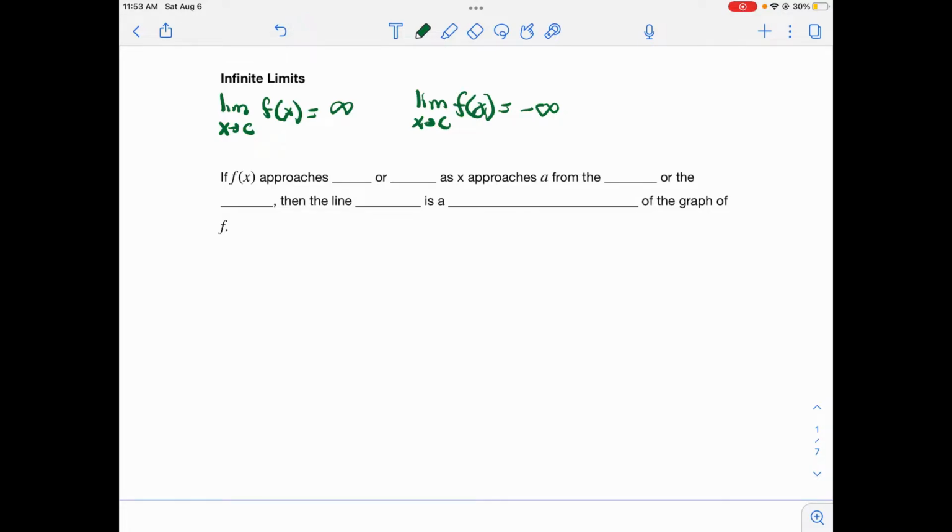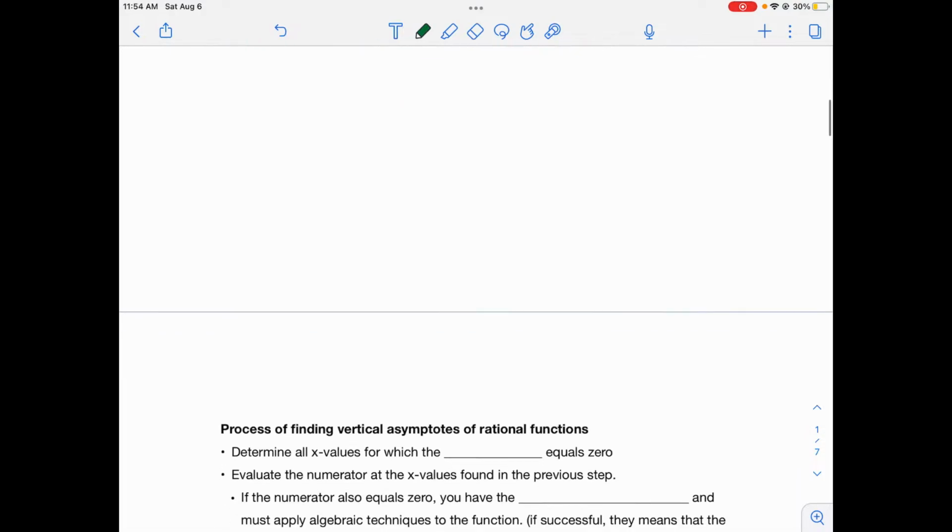So in words, if the function f of x approaches infinity or negative infinity as x approaches c from the left or from the right, so one-sided limits work just fine, then the graph x equals c has a vertical asymptote of the graph of the function f. Okay, so infinite limits relate to vertical asymptotes of our function graph.